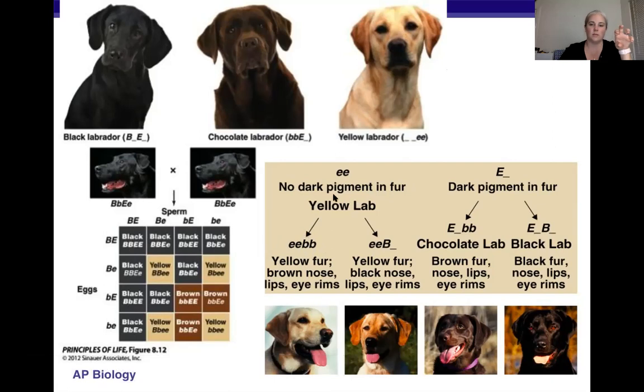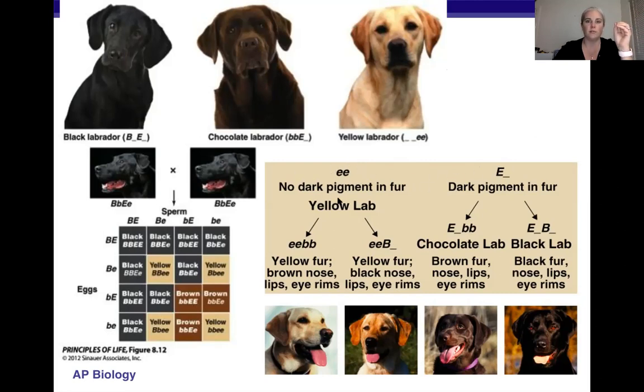If you have a functioning version of the pigment gene, you can have pigment. So that's the E. Sorry, that's the epistatic gene. Oh my goodness. E is the epistatic gene. E is the expression. This is the on-off switch.